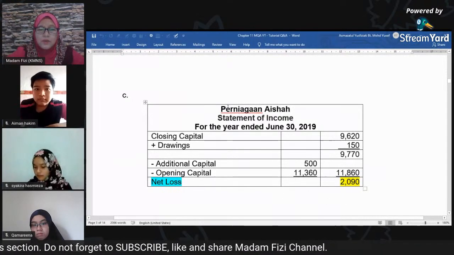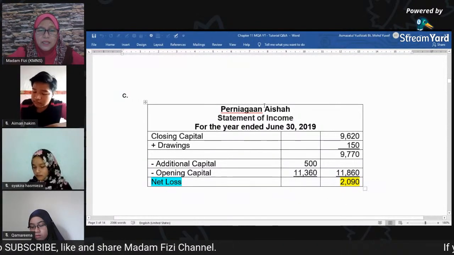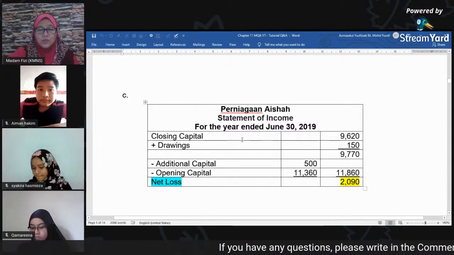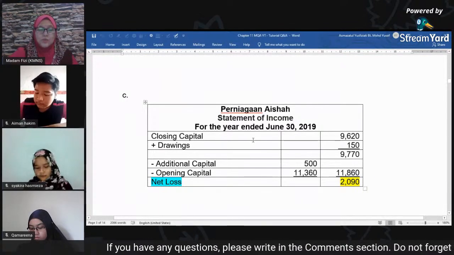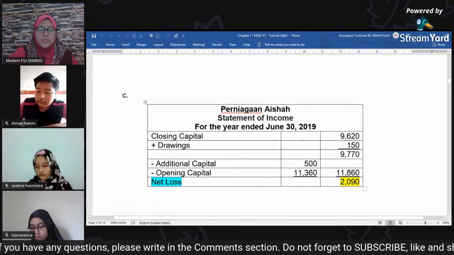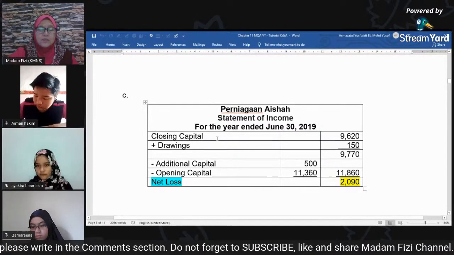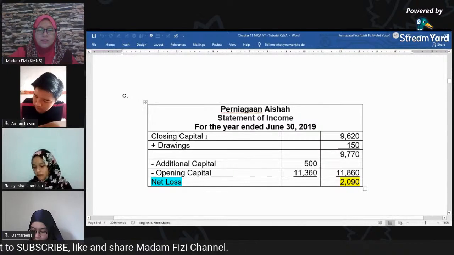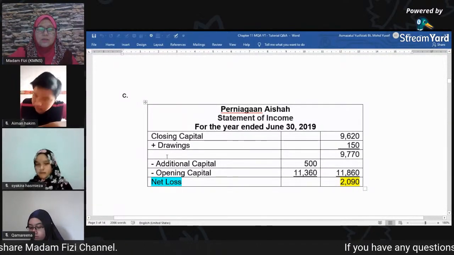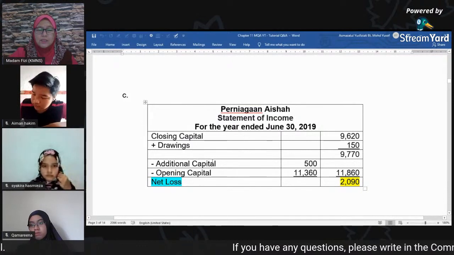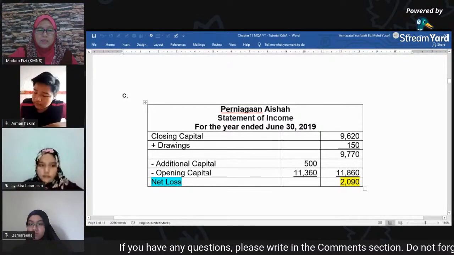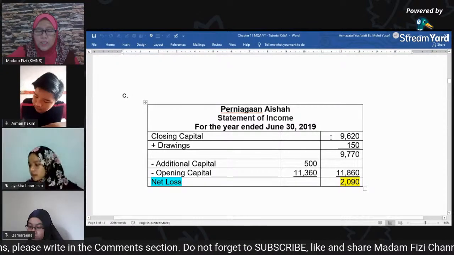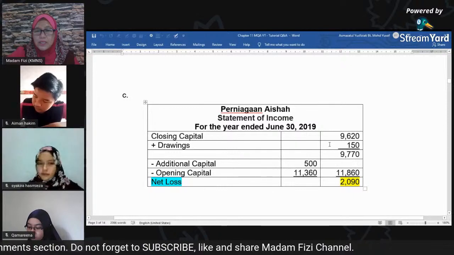Okay, so first of all, you have to write the title. Perniagaan Aisyah, Statement of Income for the year ended June 30th, 2019. So we start with closing capital. Closing capital we get from question B just now. So closing capital plus drawings minus additional capital minus opening capital. So closing capital is 9,620 plus drawings 150.